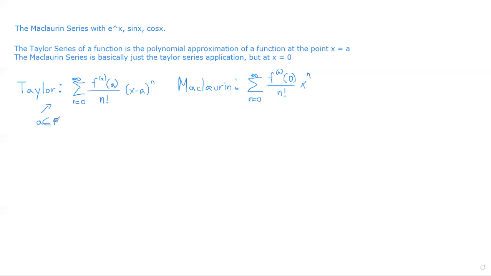Now, there are a few assumptions we are making when we do this. So I'll just write them here. With these Taylor and Maclaurin series, we are assuming that f of x is continuous and differentiable at x equals a.